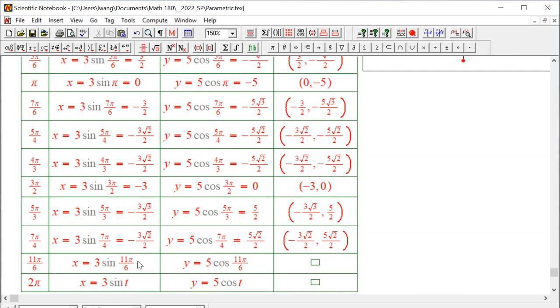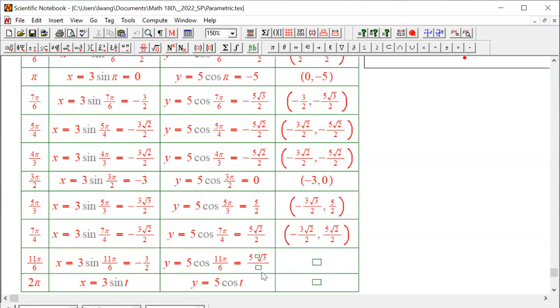And this one, that's going to be negative half times 3, that's negative 3 half. And over here, that's going to be positive, so 5 times root 3 over 2.